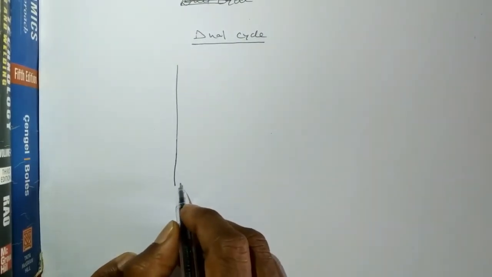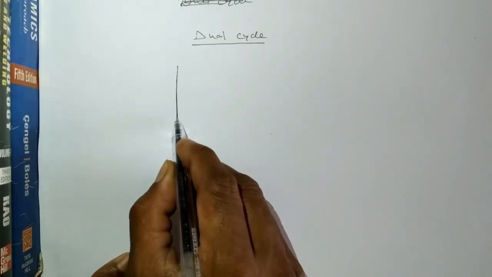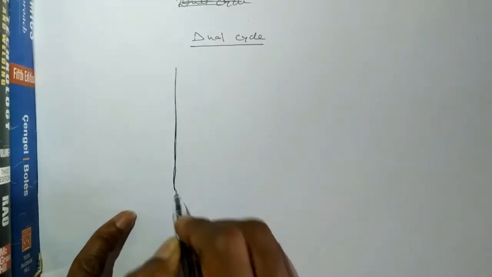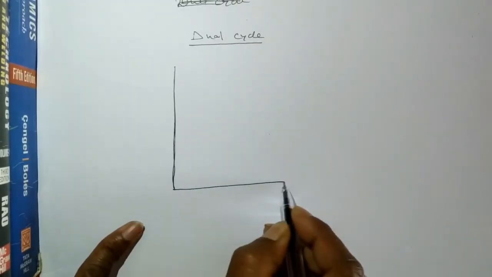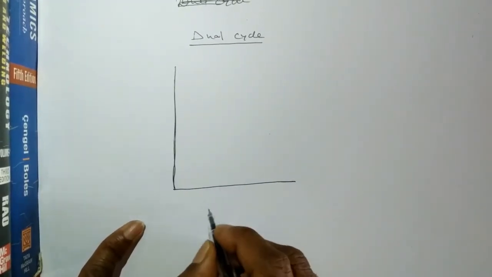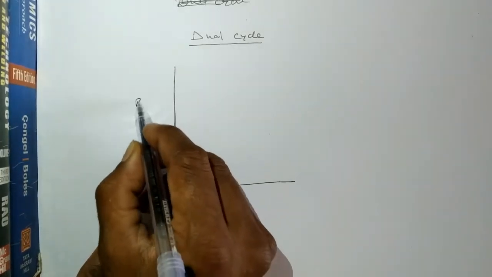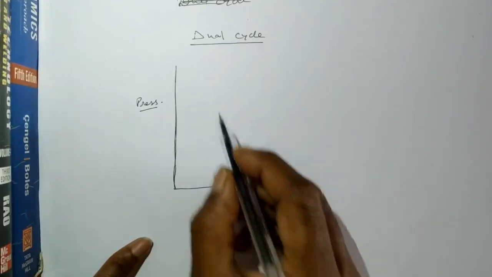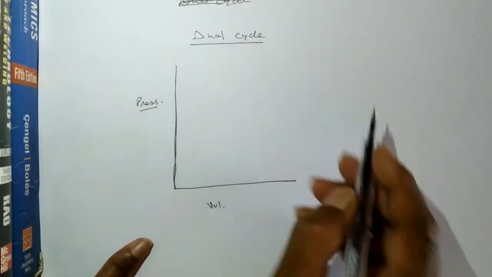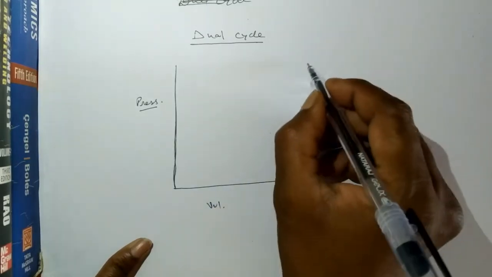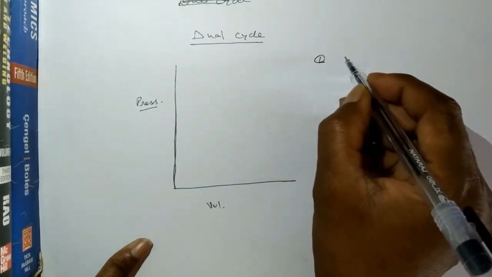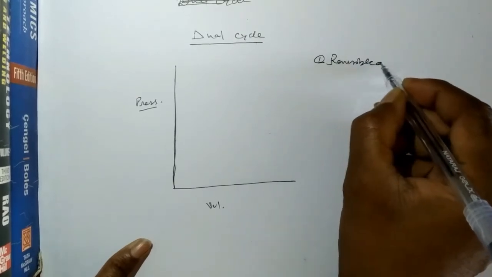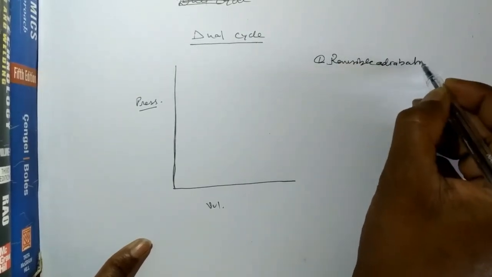Here we are going to draw a PV diagram. This is pressure, volume. As we know, the dual cycle consists, first, of a reversible adiabatic compression.